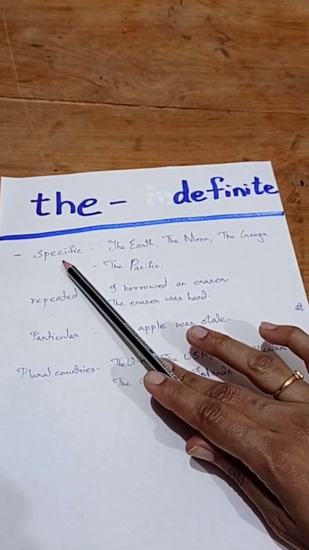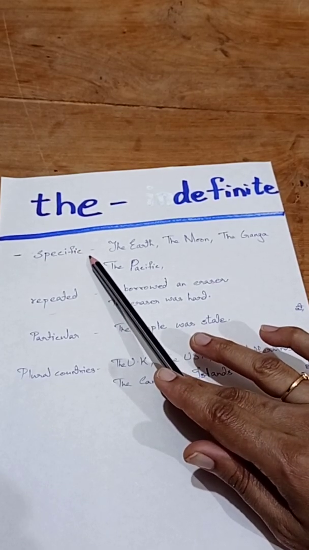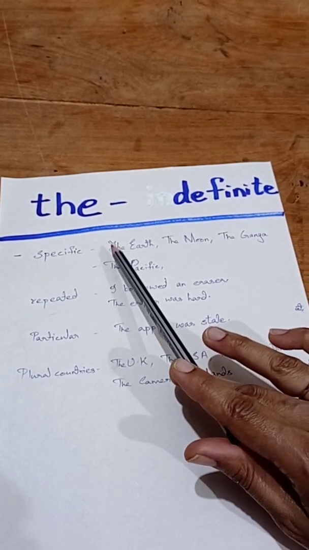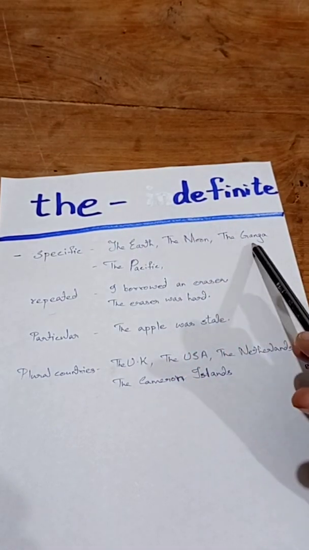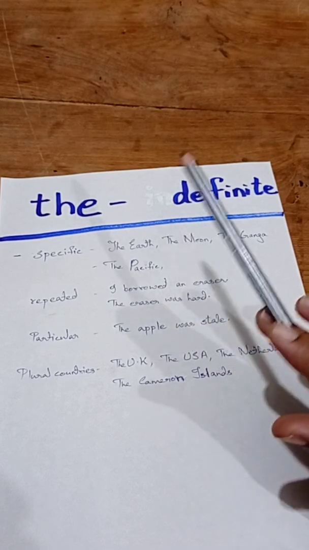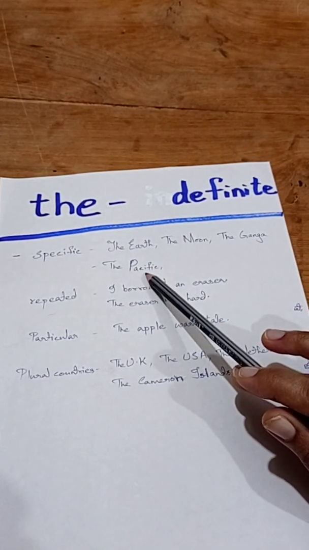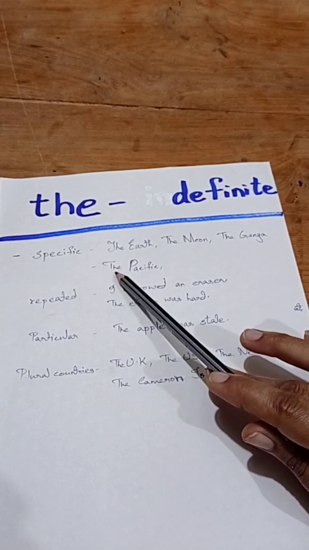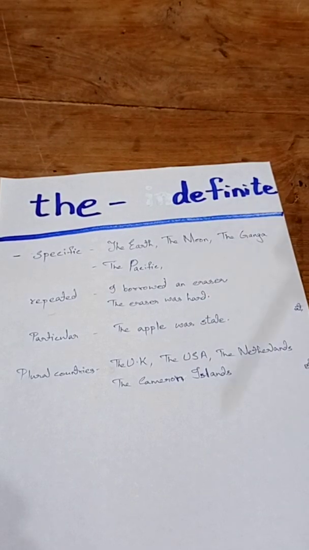When you are specific about unique things, then you use the article the, as in the earth, the moon, the Ganga, the Pacific, etc. See, Pacific is an ocean, it has a name, then you use the. The moon and the earth, there are no other things.